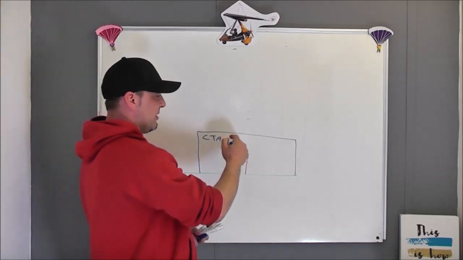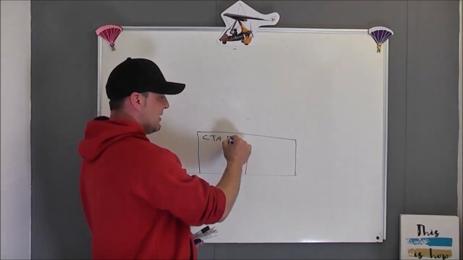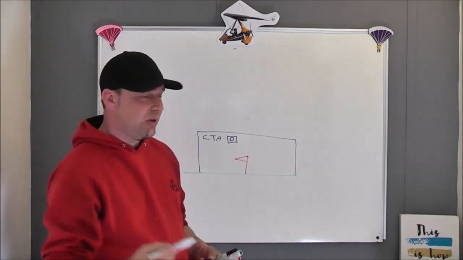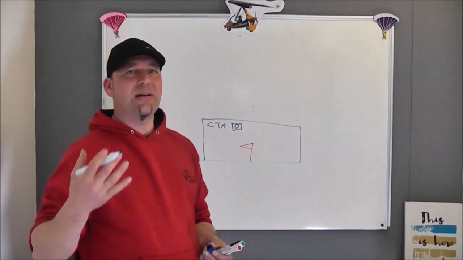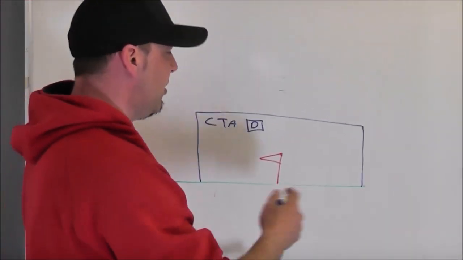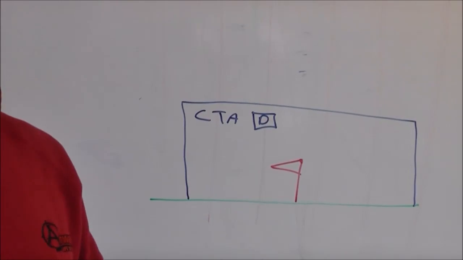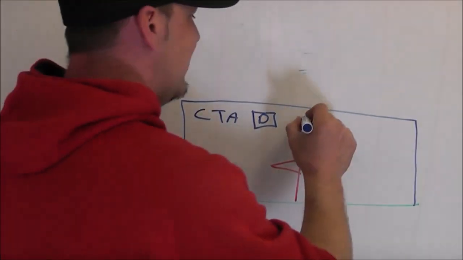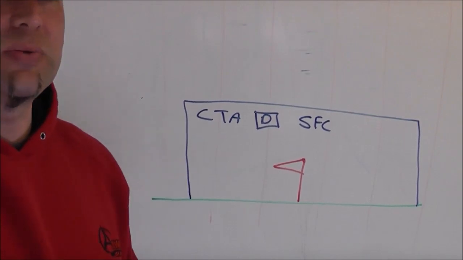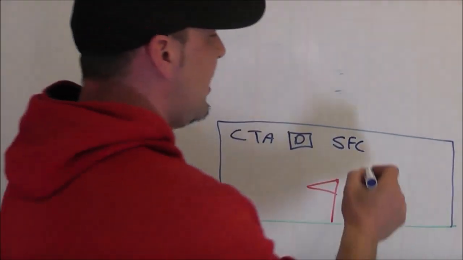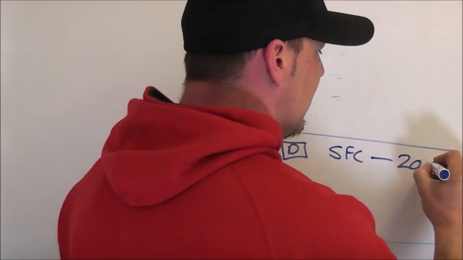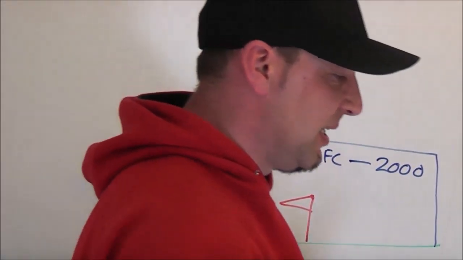In this depiction, this would be Class D airspace. What you would also get on a map is an altitude where it starts from and where it goes to. So if it's touching the ground, you would get SFC, which is an easy one, surface. So that's its lower point. It always gives you the lower altitude first, and then it will give you the higher point, which would be 2,000 feet in this particular scenario.